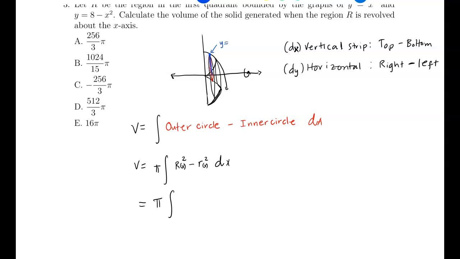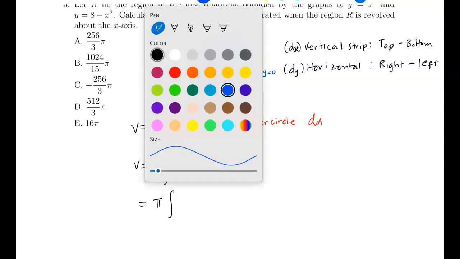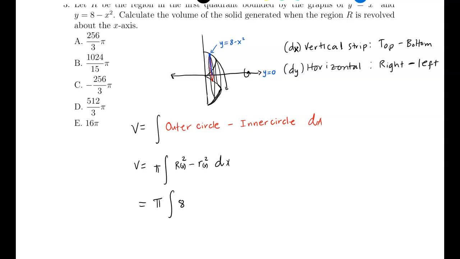That is the function y equal to 8 minus x squared, minus the bottom. Well, the bottom is just the x-axis, and that is y equal to 0. So we have 8 minus x squared minus 0. That's the radius, and then you square that.